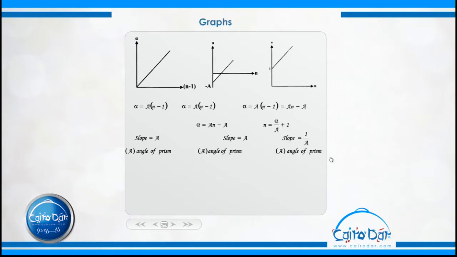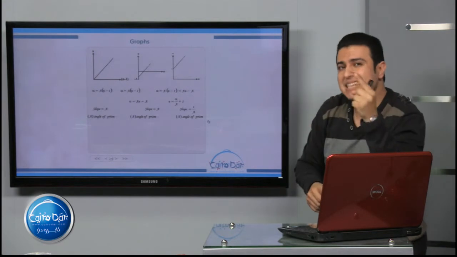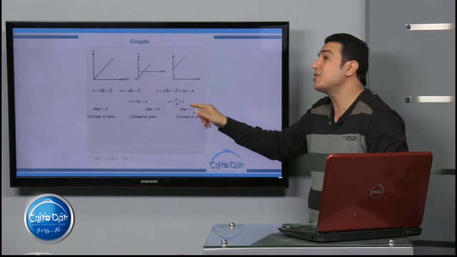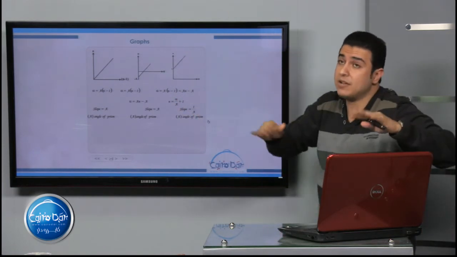By opening the bracket, alpha equals A n minus A. So from this relation, n equals (alpha plus A) divided by A. So n equals alpha divided by A plus 1, because A over A equals 1.